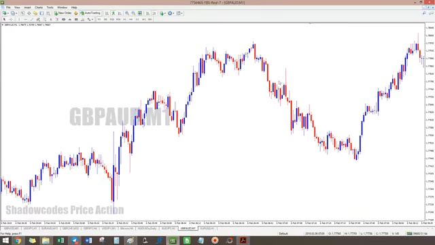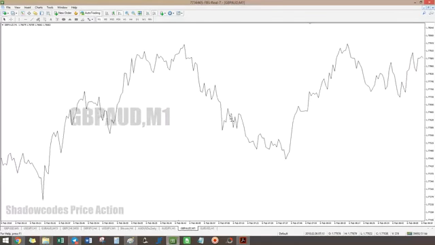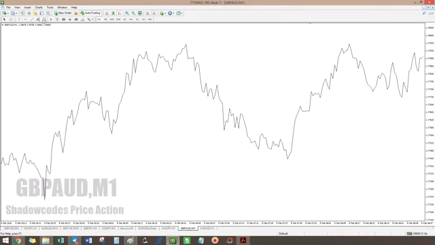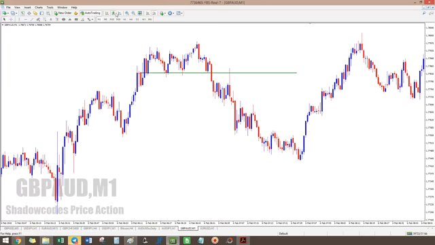Let's go to M1 and see the lower time frame. For example, we take it here. Support, support, breakout. Let's see. Yes, we have an entry here.